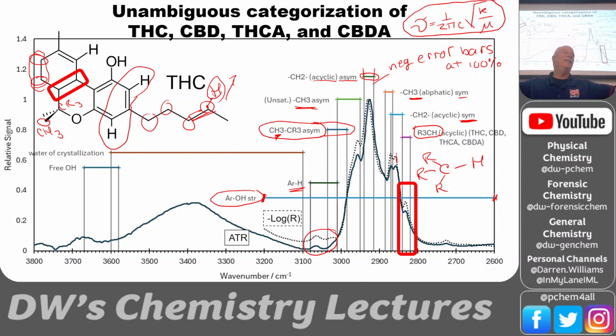It can be all over the place, depending upon what else is on that ring, whether it's an ortho substitution, meta, para, multiple things. Here we have all kinds of things attached to our ring. Okay. And so it's possible that it's this one right here. Okay.